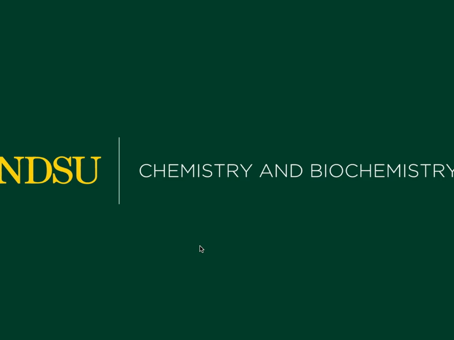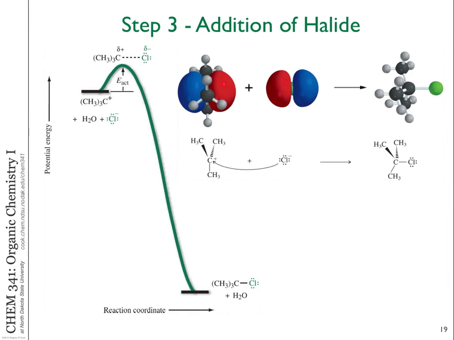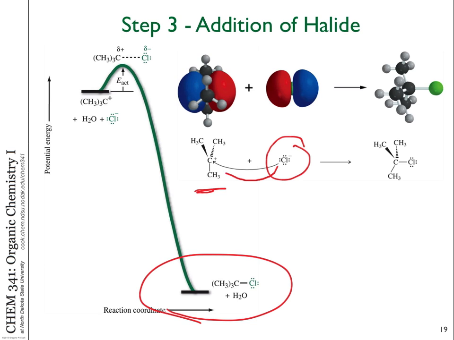And then the third step, if you look at the energetics of the third step, we go from reactive species now through an activation energy barrier down to stable products. And we know those are even lower than our starting materials. Okay? And what's happening in this step is that the plus charge on the carbon is now bonding with the electrons being donated from the chloride.